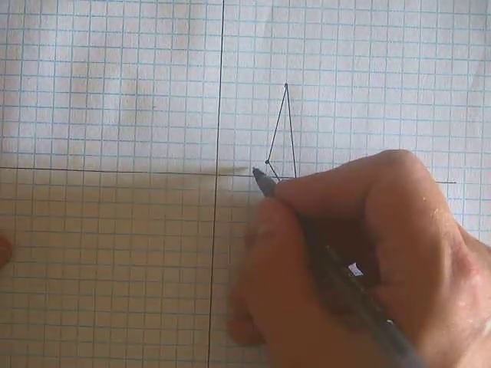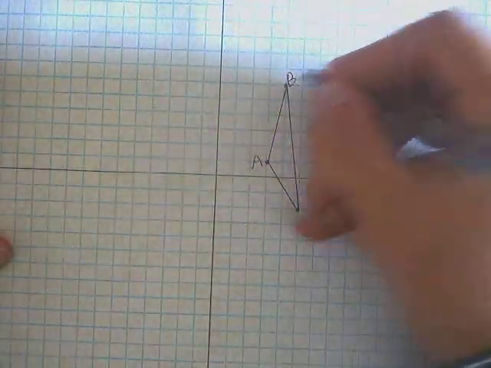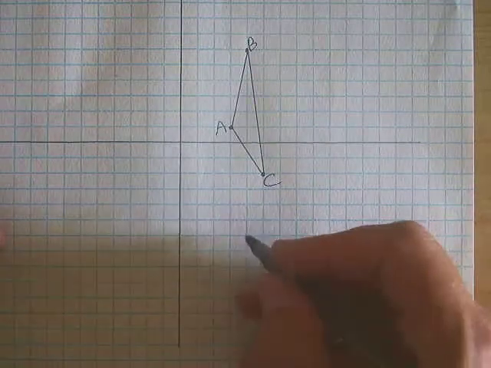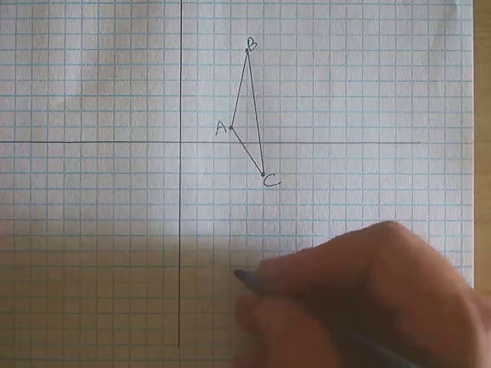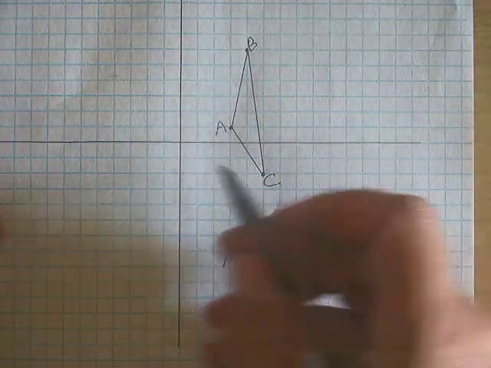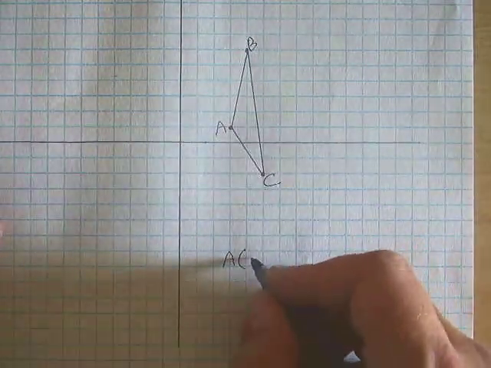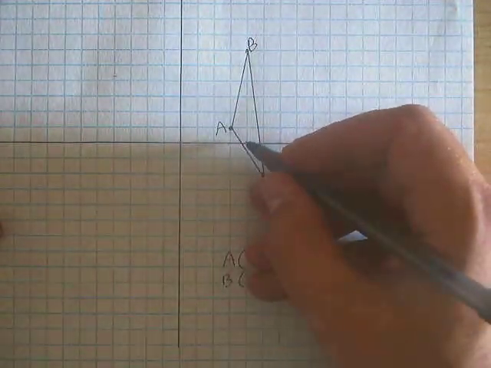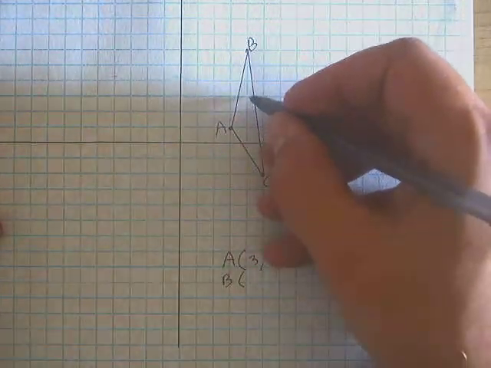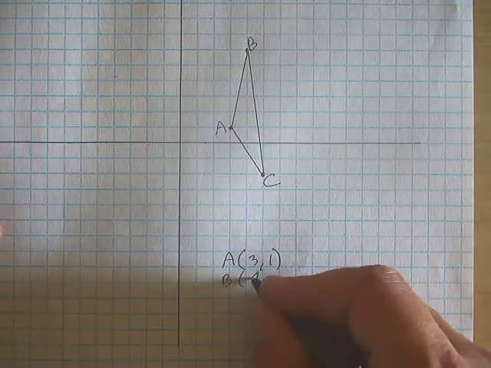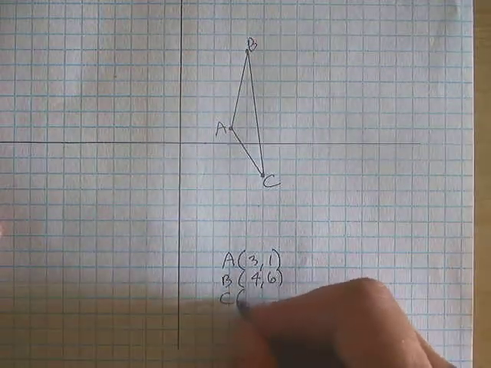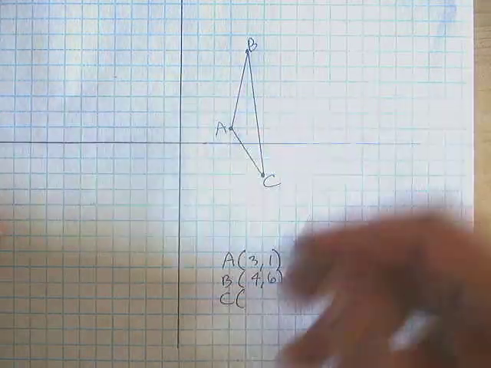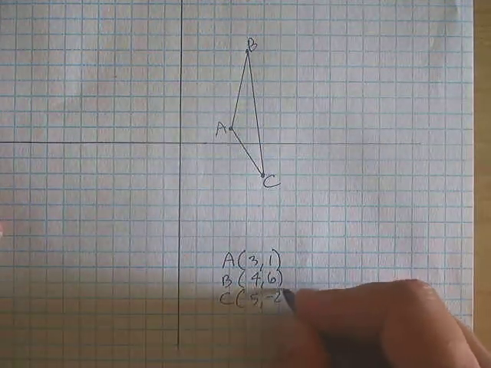We'll call this A, this B, and this C. Okay, now I'm going to list the points here. So it looks like A is the point (3, 1). B is the point (4, 6). And C is the point (5, -2).